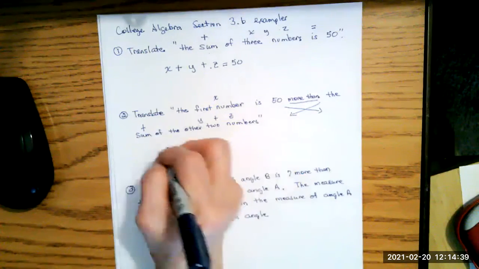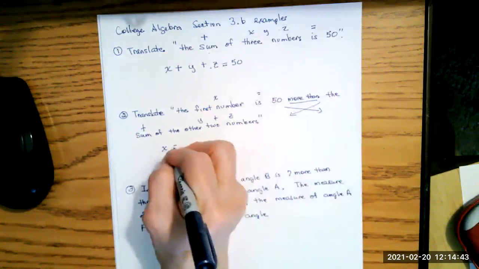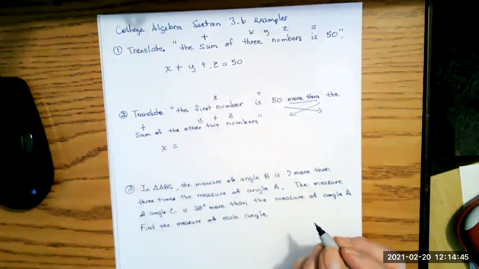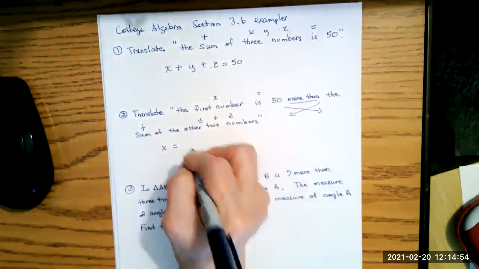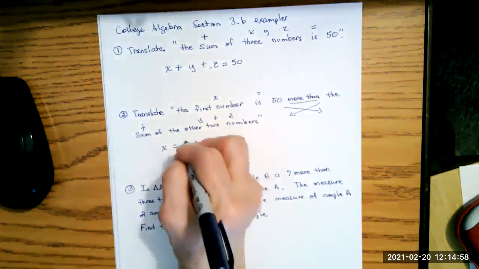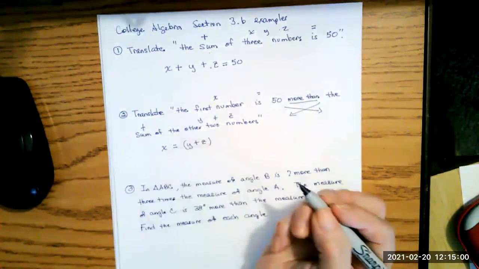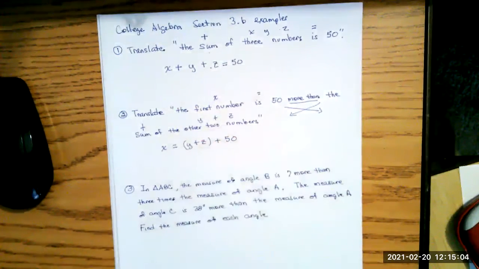So the first number was our X. Remember, "is" is our equal for equations. X is 50 more than the sum of the other two. Well, the sum of the other two would be Y and Z. There's the sum of the other two. And 50 more than would be plus 50. So that's the way that they'll probably want it.